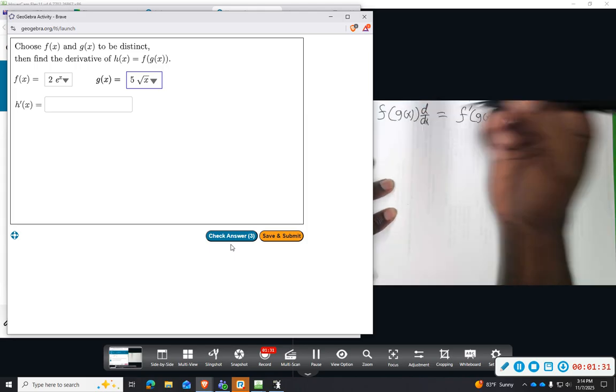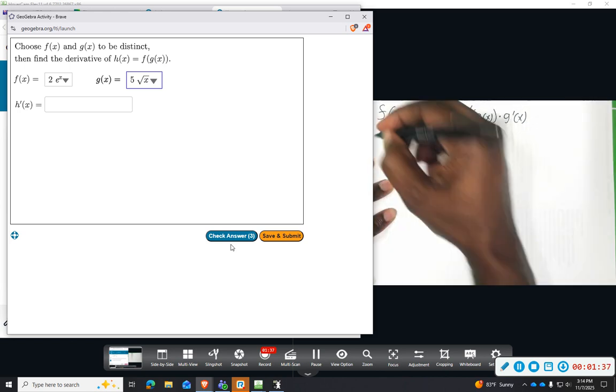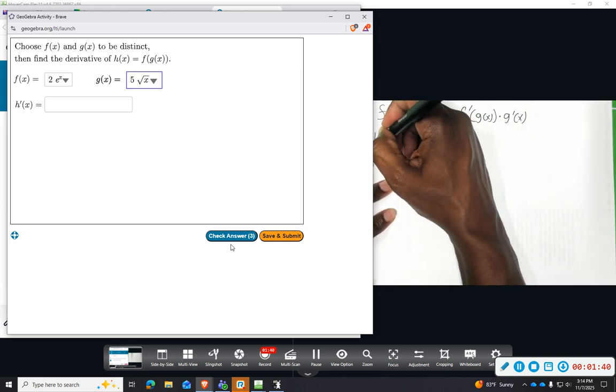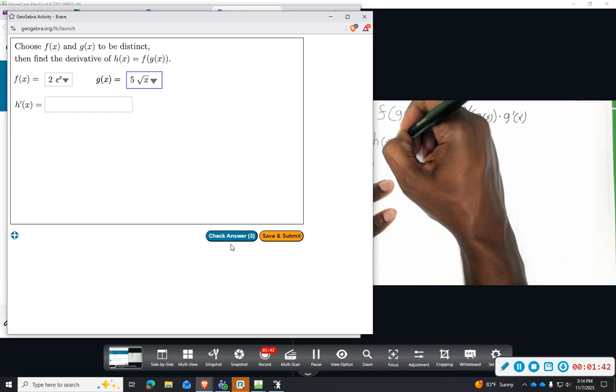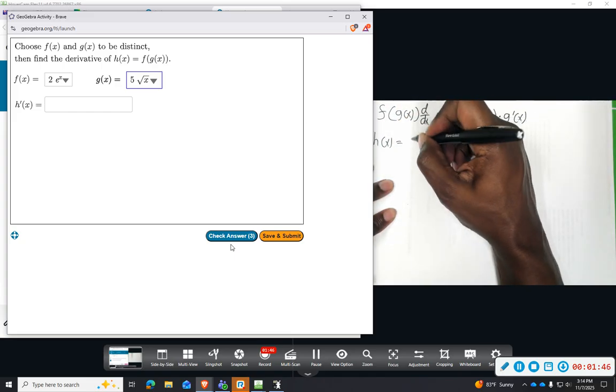So this is just the notation wise, okay? So this is asking me to find h prime of x. So they're saying let h of x be f of g of x, okay? So I'm going to start out with h of x. Now the function that I've picked, f of x, is 2 times e to the x.